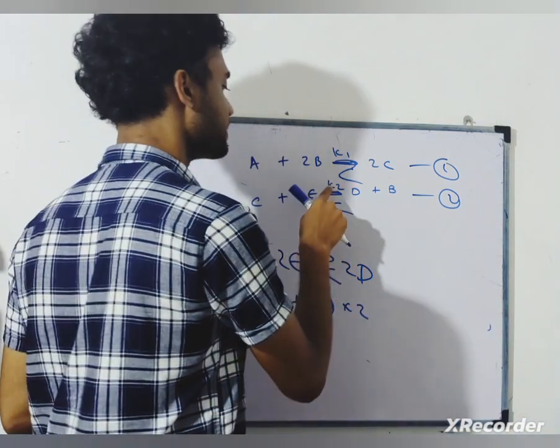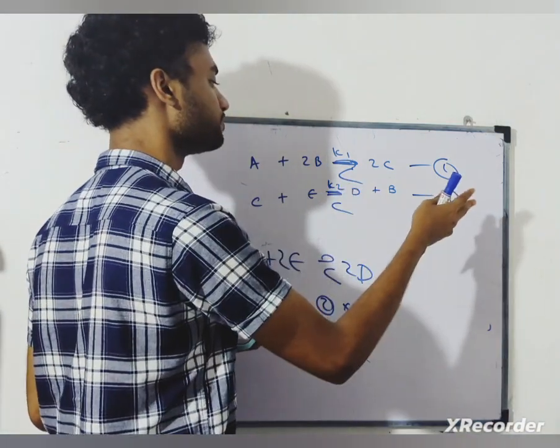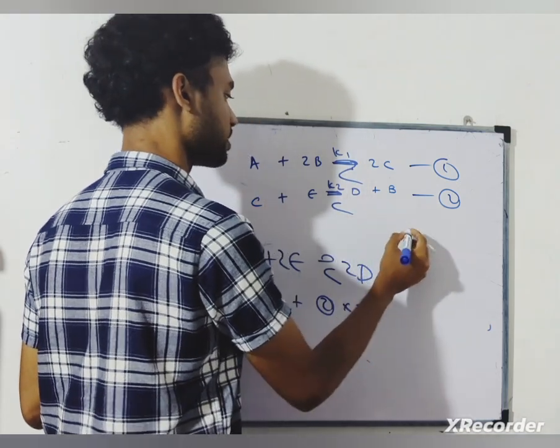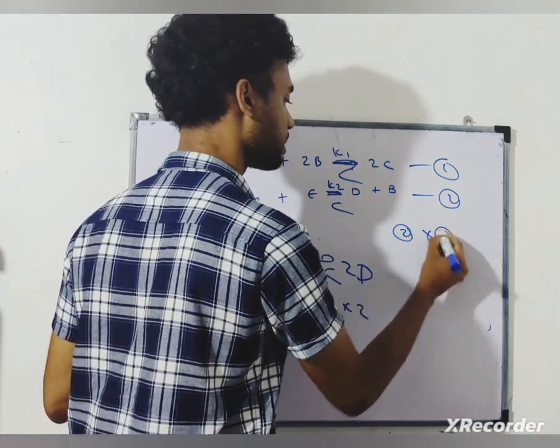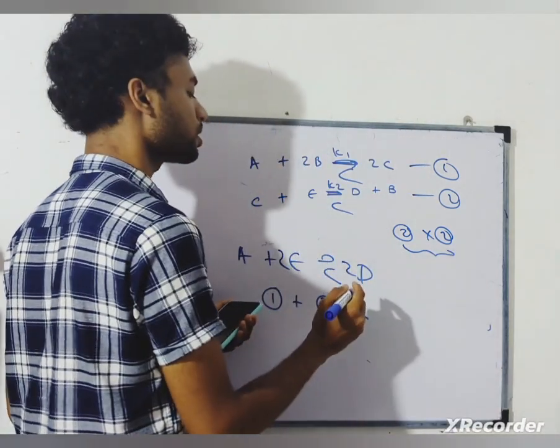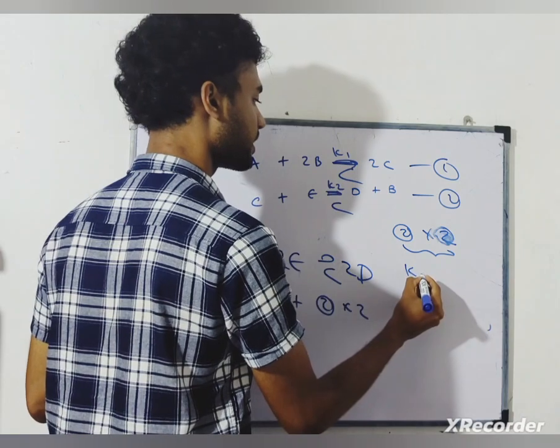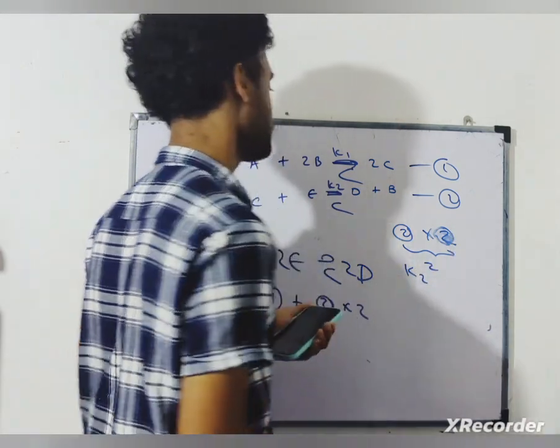Now listen, what happens if I multiply reaction 2 by 2? The equilibrium constant is squared. So K2 becomes K2 squared. That you can understand, right?